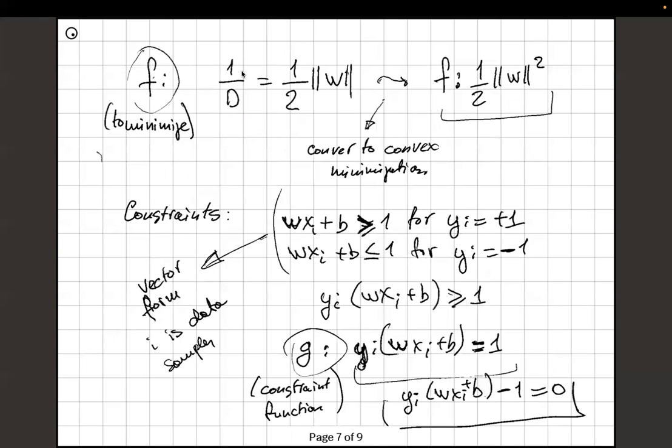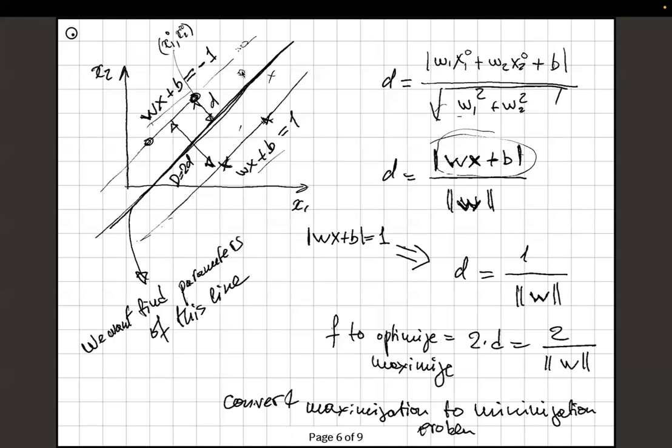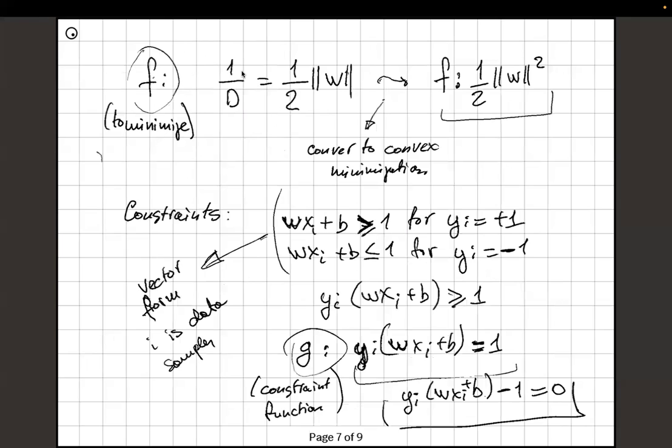And as a result of definition of the optimization problem, we move first from maximizing the distance to a problem of minimizing the inverse of it. So that was the first step.